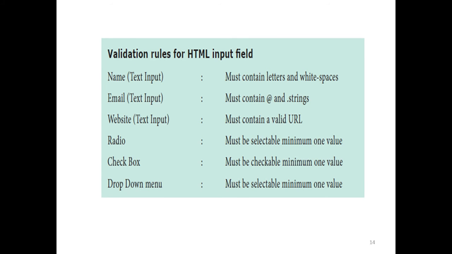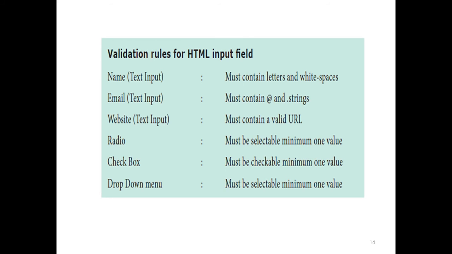Then what are the validation rules for HTML input fields? Suppose you create a form, you see name as text input, email, website, radio button, checkbox, drop down menu. You see all this in the form. These are the input fields you apply.